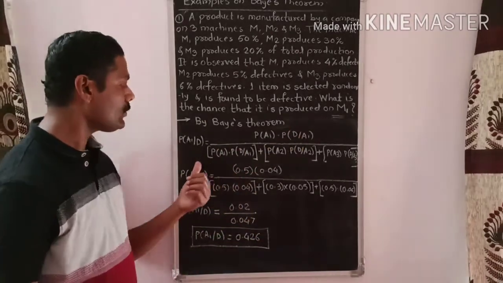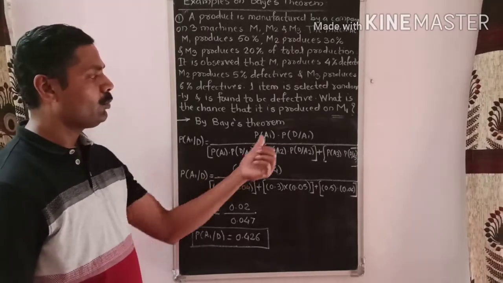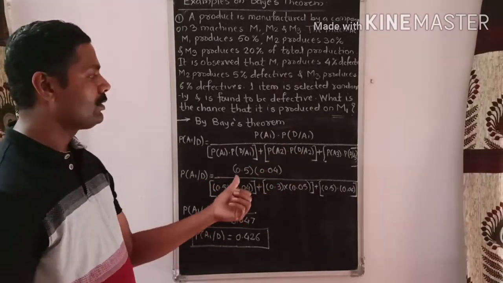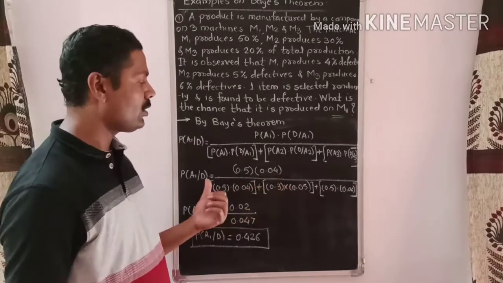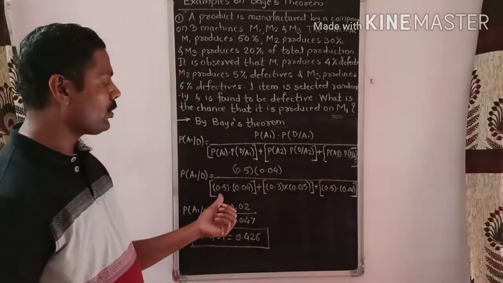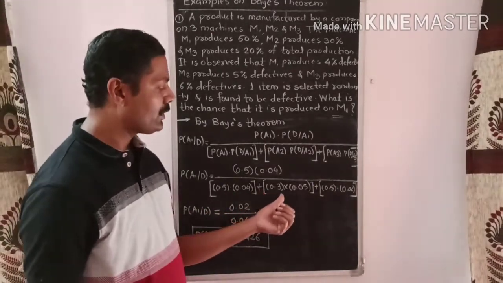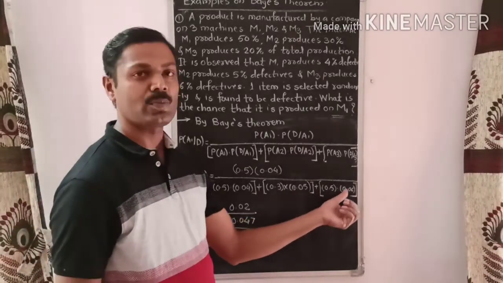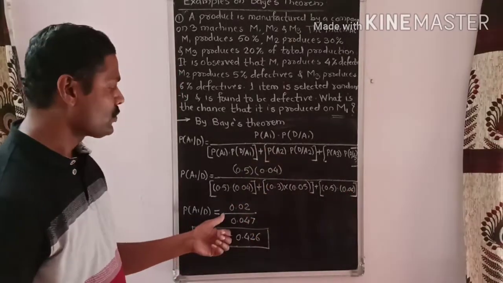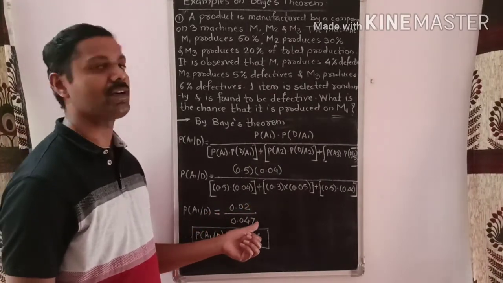Okay. So P of A1 upon D is equal to, putting in the values, 0.5 into 0.04 divided by 0.5 into 0.04 plus 0.3 into 0.05 plus 0.2 into 0.06. So the numerator is 0.02 and the denominator is 0.047.